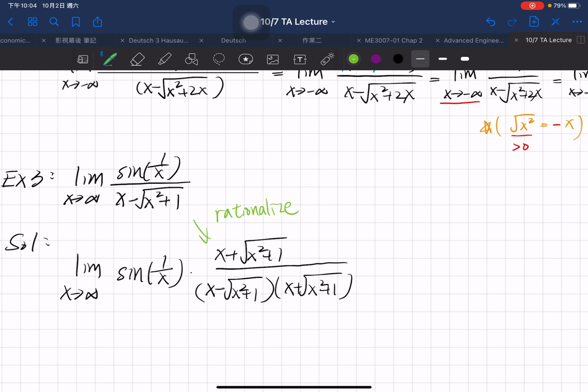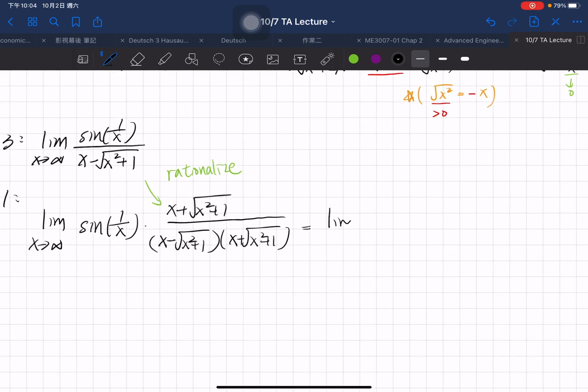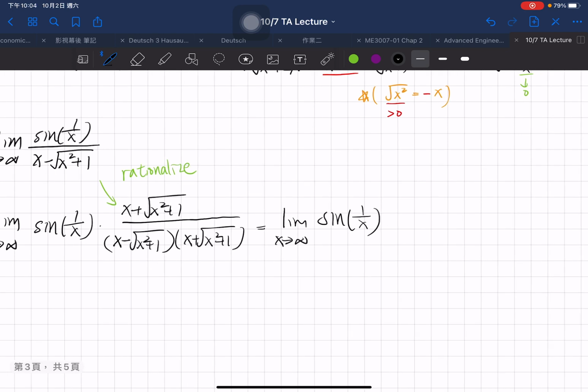And what we get is the limit when x approaches infinity of sine of 1 over x, and then we get x plus the square root, and x squared minus x squared plus 1, so we get minus 1 here. Right.